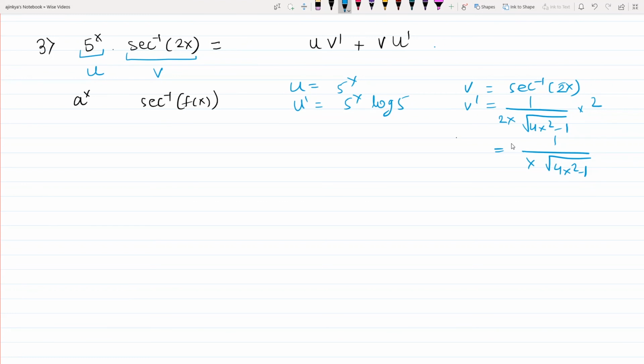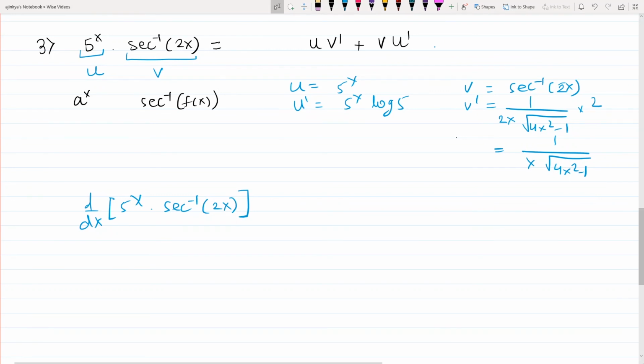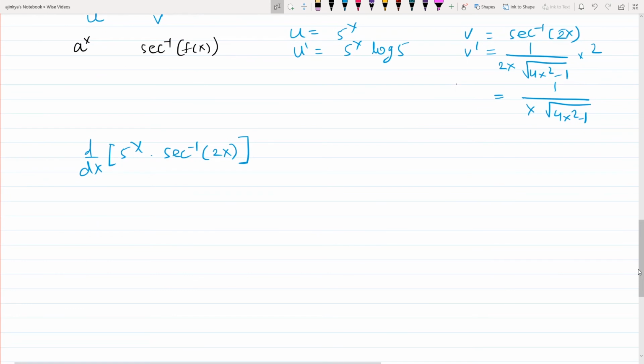So you can just put all these values in one term, and there you have your answer, which is nothing but derivative of 5 raised to x times sec inverse of 2x. So I'll just drag it over here, will be nothing but u v dash.